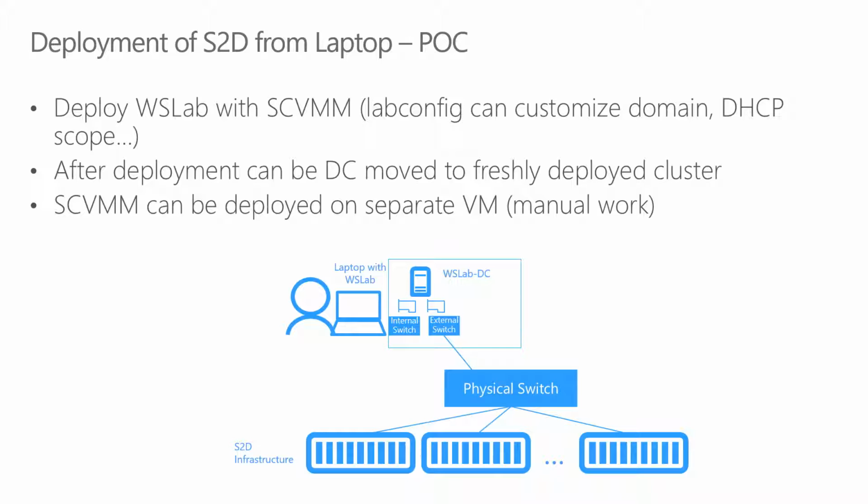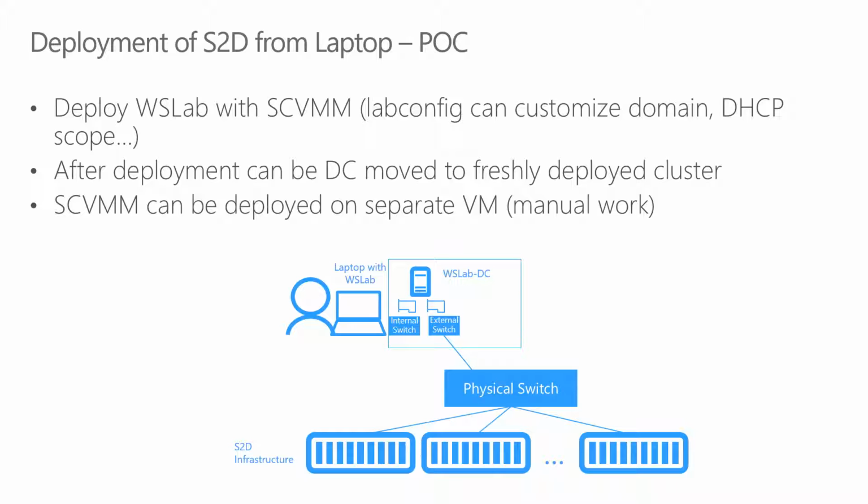You can just plug it into the real switch, communicate with the real servers, and these real servers can be deployed. So for example, if you want to deploy something for your customer, you can modify your lab config, set up the DC from scratch with your custom domain name, custom organizational unit names, custom accounts, and then you can deploy the real infrastructure.